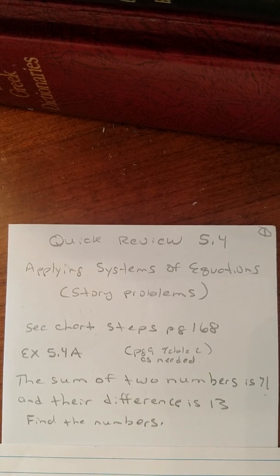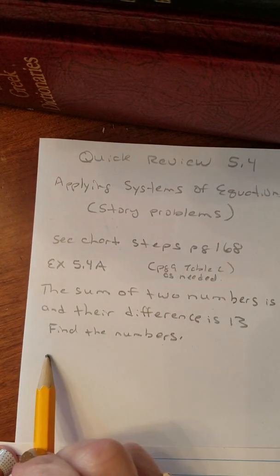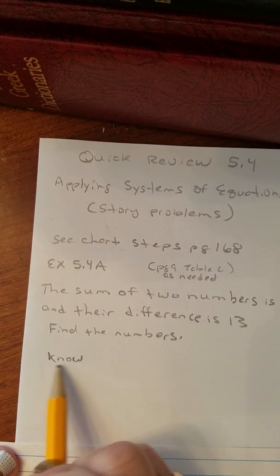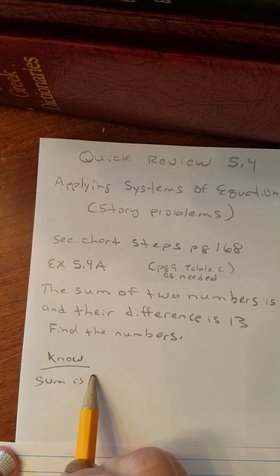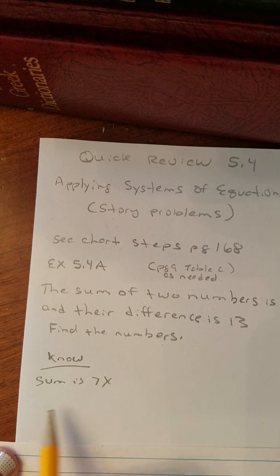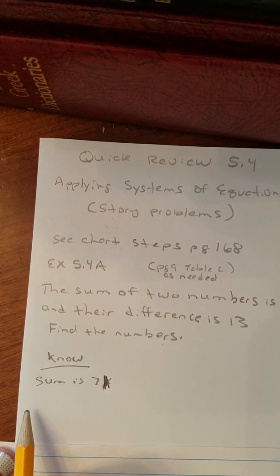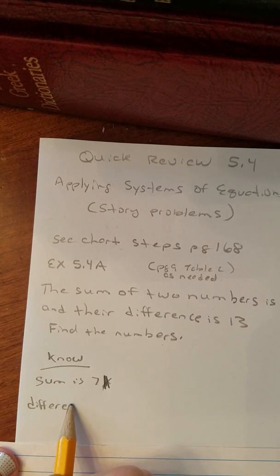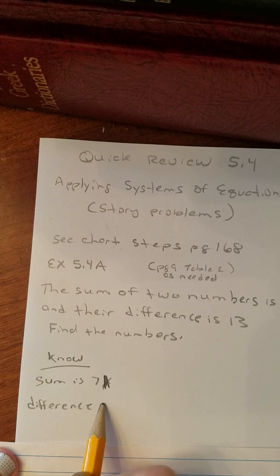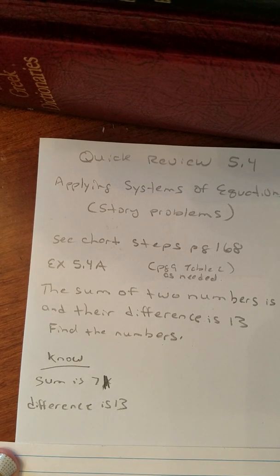Find the numbers. Well, first of all, you need to identify what you know and what you don't know, right? So if we're going to do that, we know that the sum of those numbers is 71. And we know the difference of those two numbers is 13, right?